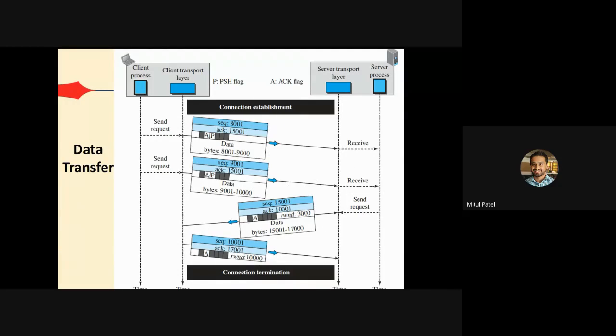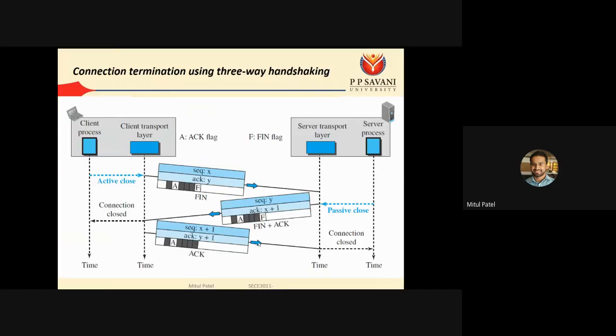So all these things are going to happen between the client and server, between the connection establishment and the connection termination. Okay. Connection termination using the three-way handshaking. So once the connection is established, after that we need to terminate our connection. This can be done either by the client or by the server, but we'll assume that the client will initiate this process.